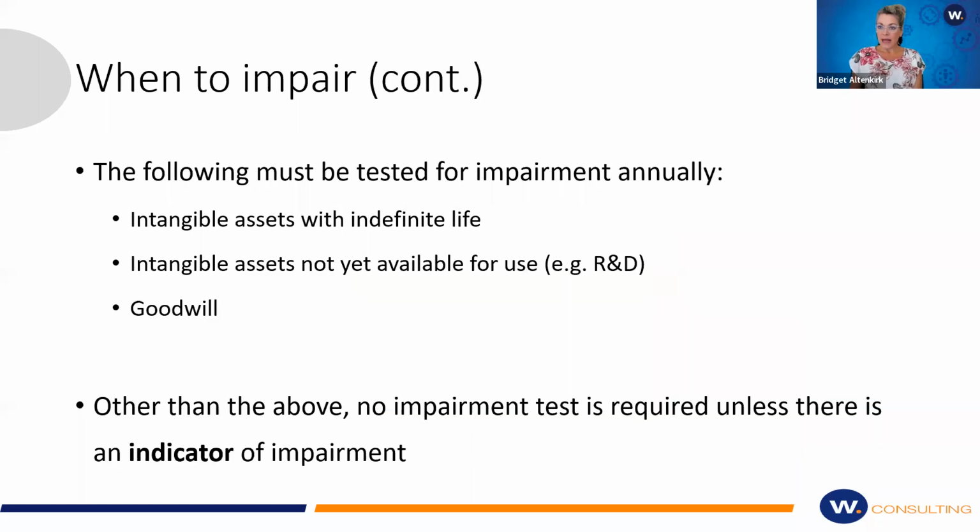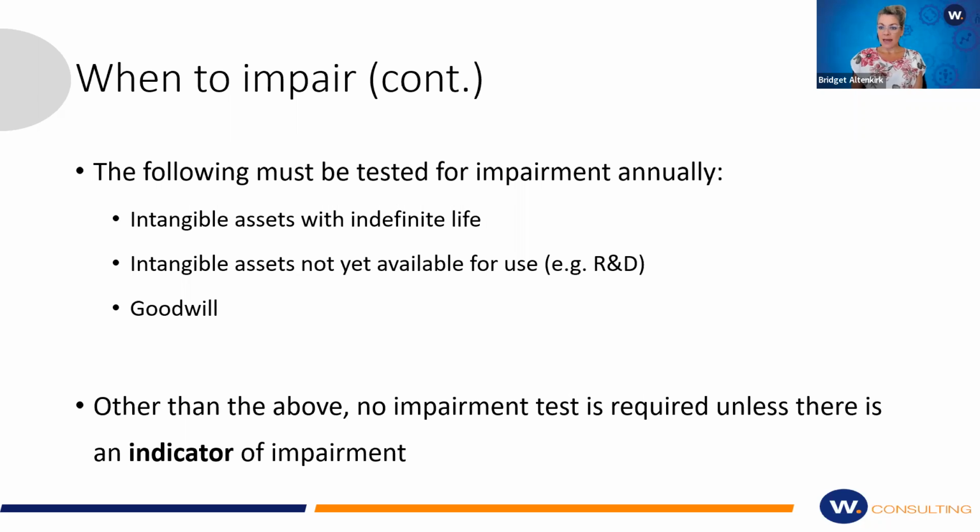So just a bit of recap as to when an asset is required to be tested for impairment. When is IAS 36 relevant? Just by virtue of having certain assets on your balance sheet, an entity is required to undergo an annual impairment assessment.